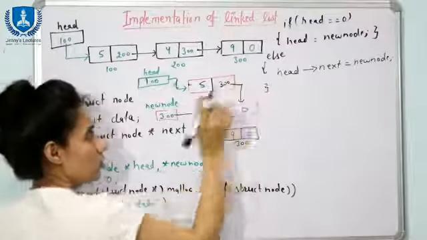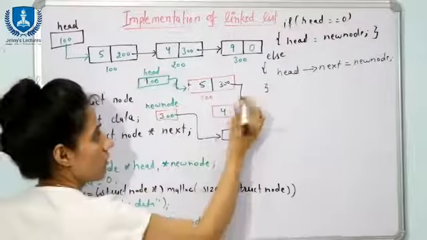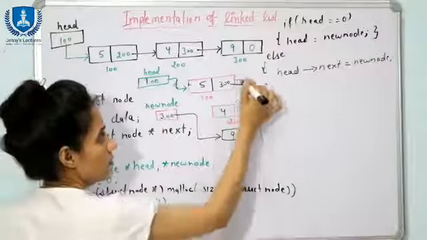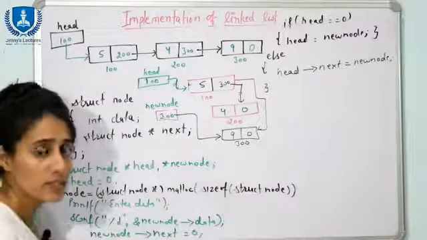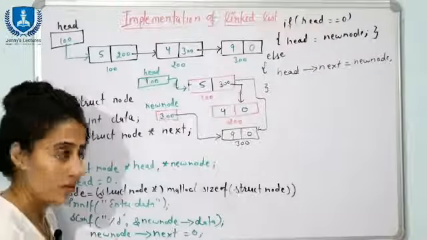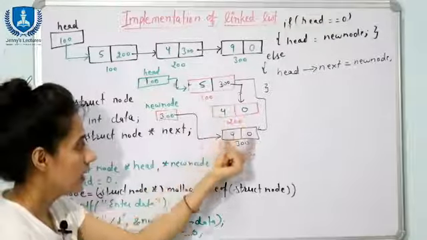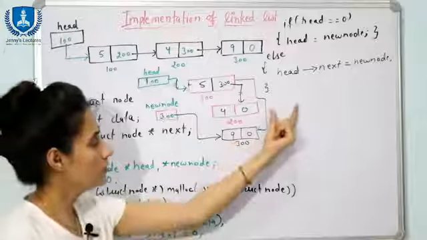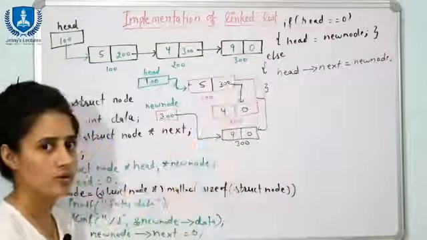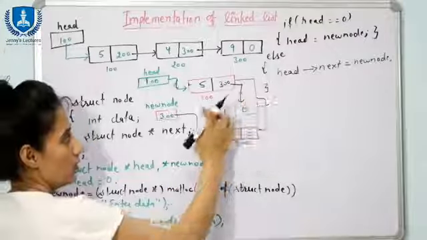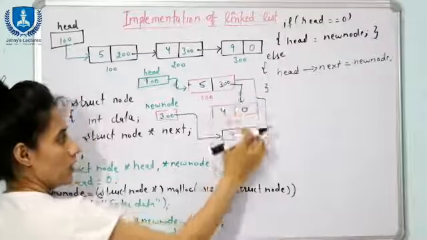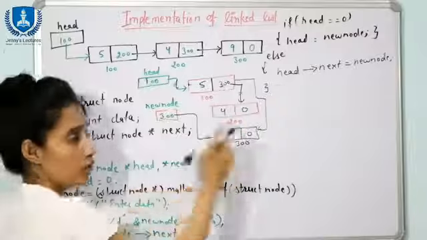According to this, we are going to insert 300. So this link has been destroyed and now this is going to point here. But this is not actually what we want, because this is first, second, and after that we are going to insert this third node. But according to this coding, we have lost the link to this node. Now this node is not in the list. So you cannot write this.